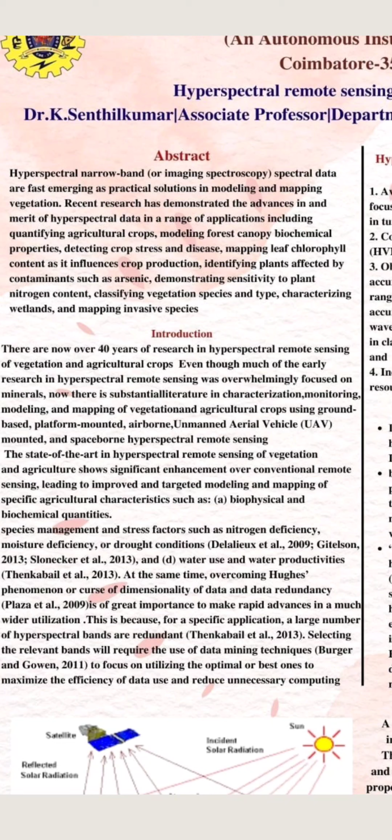The state of the art in hyperspectral remote sensing of vegetation and agriculture shows significant enhancement over conventional remote sensing, leading to improved and targeted modeling and mapping of specific agriculture characteristics such as biophysical and biochemical qualities.